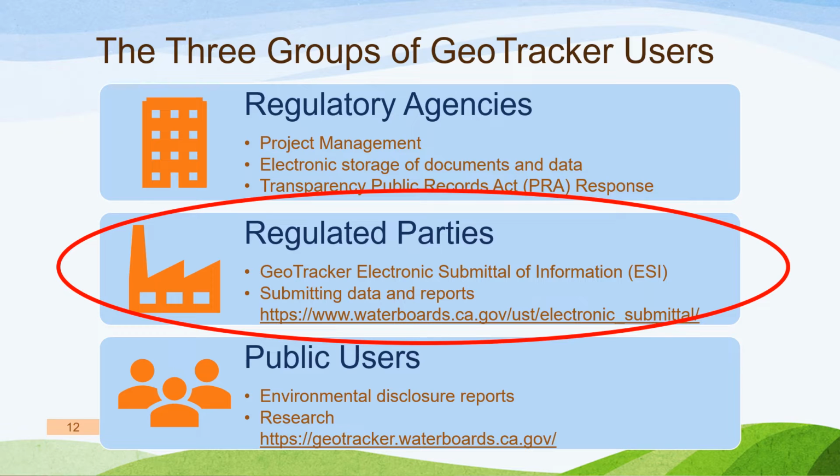As I mentioned earlier, this portal for this upload process is also known as GeoTracker ESI. Finally, the public has their own portal where they can access data on GeoTracker. Common uses of this data are for environmental disclosure reports and for private research. For the purposes of this presentation, again, we'll be looking at the GeoTracker ESI portal.